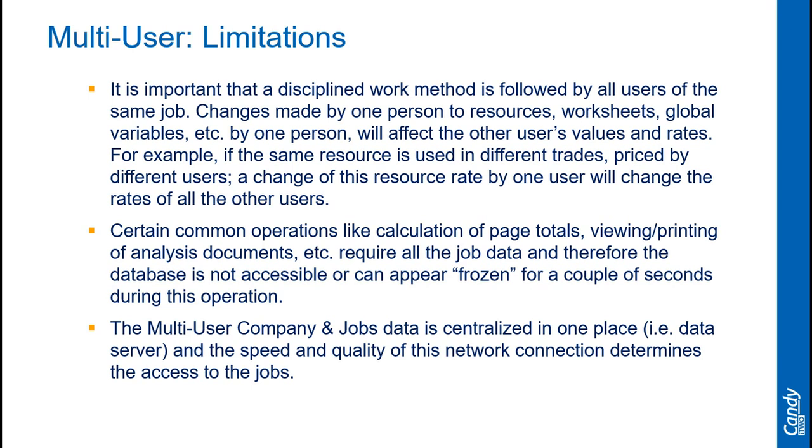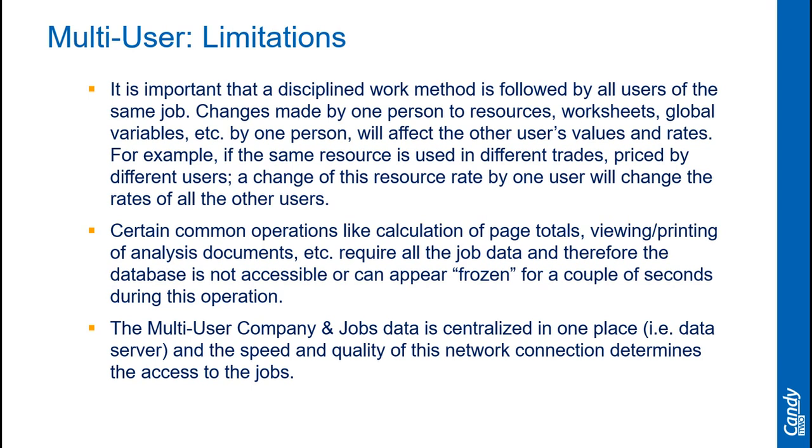The multi-user company and the jobs data, remember we told you, is sitting on a shared folder on your network. So the speed and quality of the network determines the response time of CANDY as well. If you've got the folder set up in a network which has got heavy traffic or your ERP traffic going on, you would notice that the response time goes down.